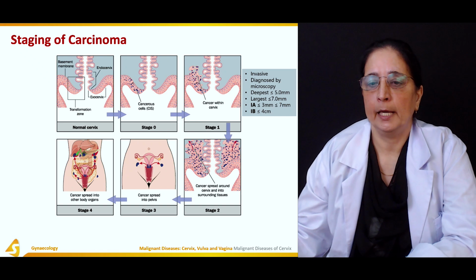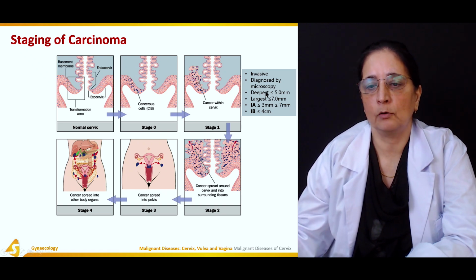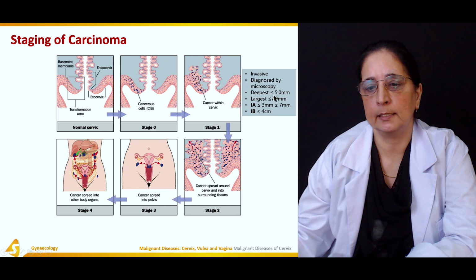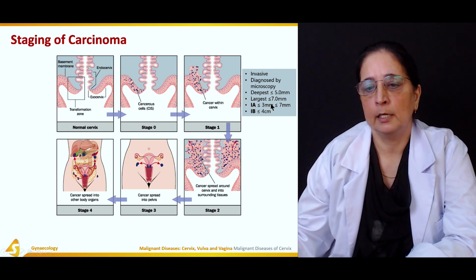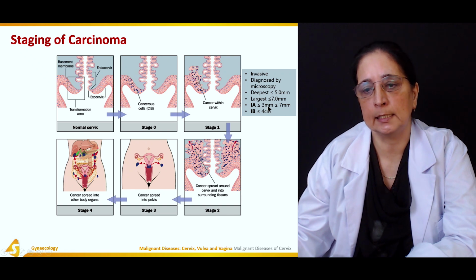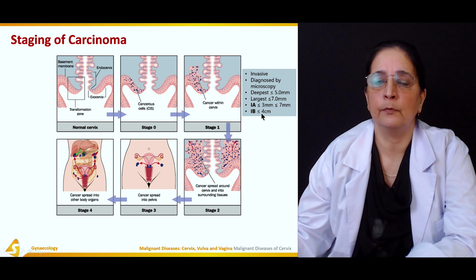Again, this is the same. Invasive, diagnosed by microscopy, deepest less than 5 millimeter, largest less than 7 millimeter. In stage 1A it is less than 3 millimeter, less than 7 millimeter. In stage 1B, less than 4 centimeter.